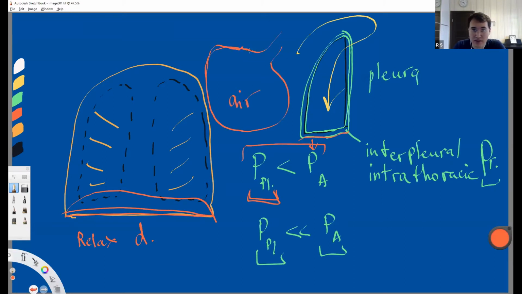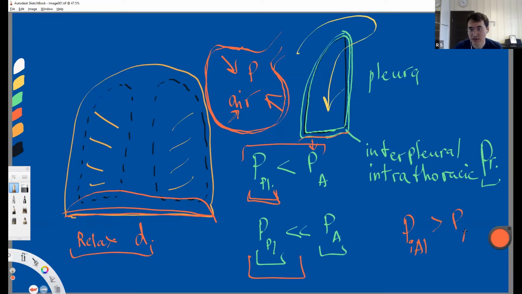And because the wall of the alveoli is elastic, and it doesn't have this support from the very small interpleural pressure, it will try to squeeze itself, because at the moment of relaxation of the diaphragm, the pressure inside the alveoli is more than the atmospheric one.